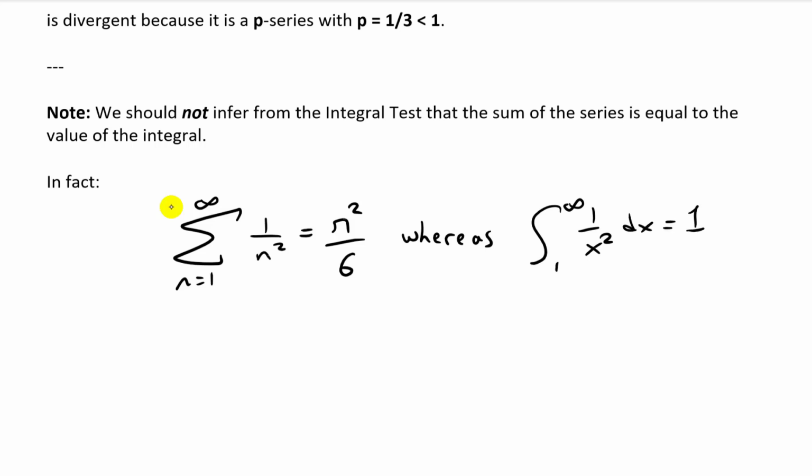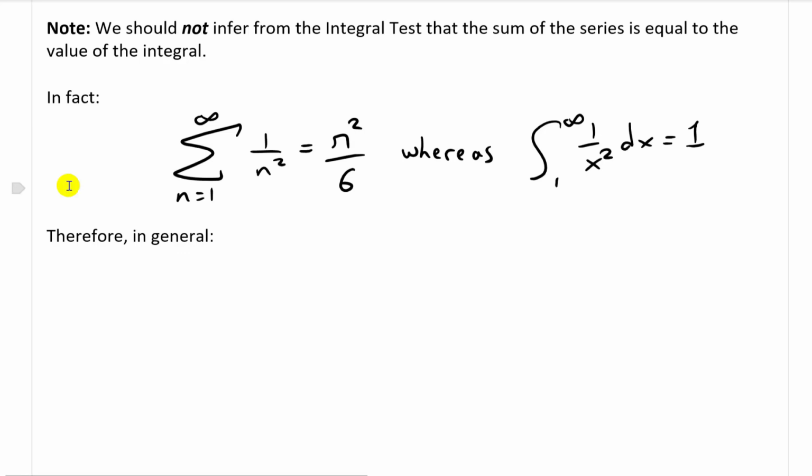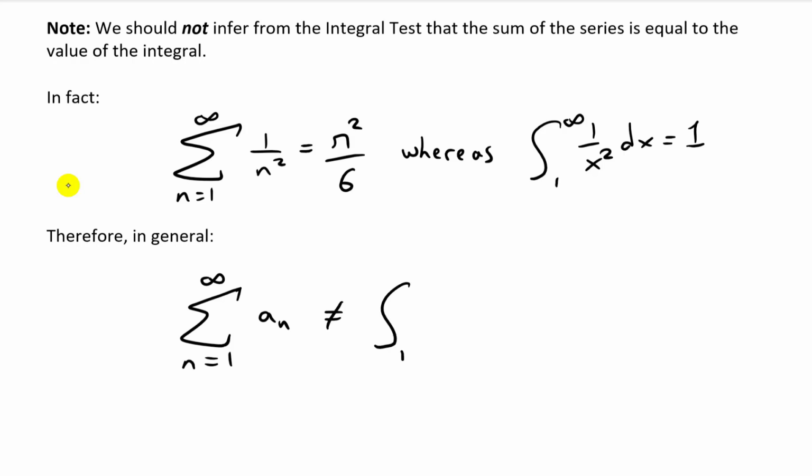So they are not the same in this case, and therefore, in general, the summation from n equals 1 to infinity of a_n is not equal to the integral from 1 to infinity of f of x dx.